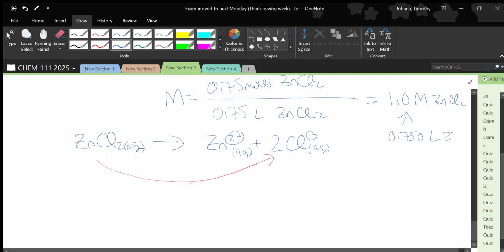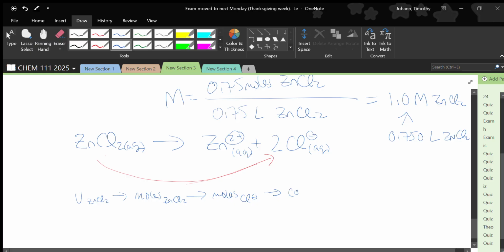Of zinc chloride. All right, so this then becomes a volume of zinc chloride to moles of zinc chloride to moles of chloride to, we're going to go concentration, right?